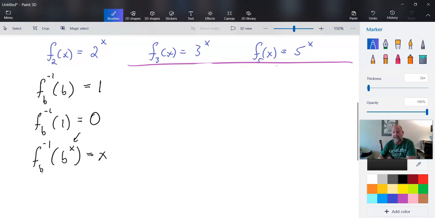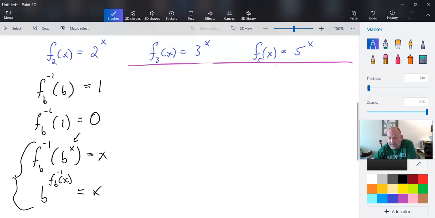And likewise, because remember, inverses, you can compose them both directions, that means that b raised to the f inverse base b of x is also x. And that's a weird little property, right? But these are the ways that you undo things. In fact, these two little properties right here are what we're going to end up using to solve equations later on down the road, right? These inverse properties.